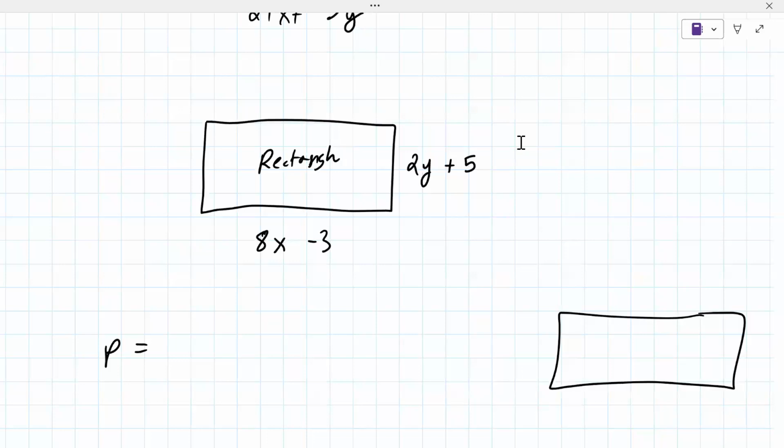Okay, do any of those combine? The 10 and -6. Okay, so what is the final answer? 16x plus 4 plus 4y. Good, very good.